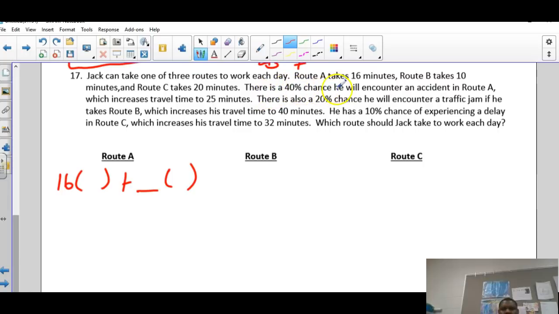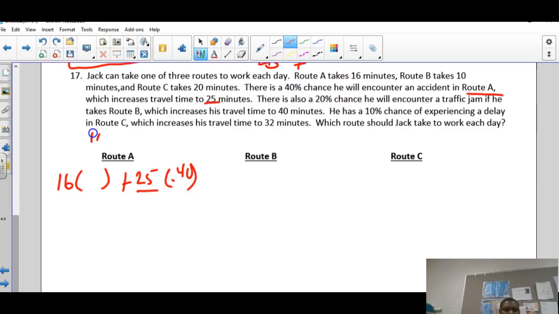There's a 40% chance that they will encounter an accident on route A, which increases the travel time to 25 minutes. So y'all see this bit of information right here, 40%. There's a 40% chance that I'll have an accident, which will cost me 25 minutes to get there.